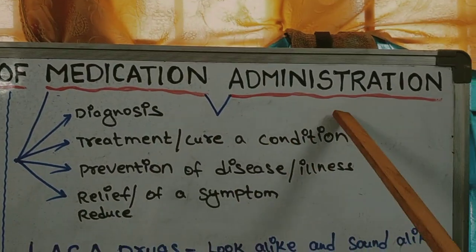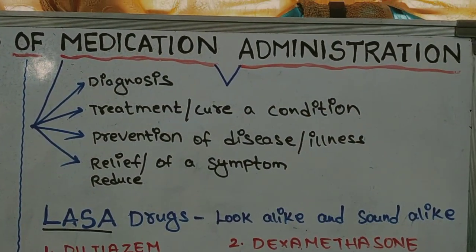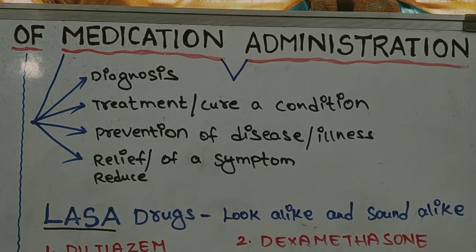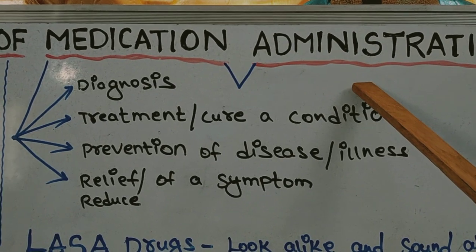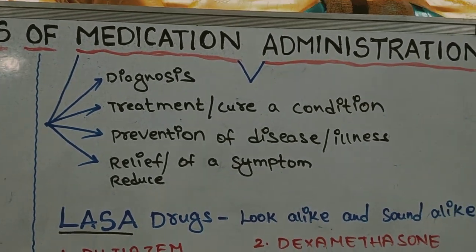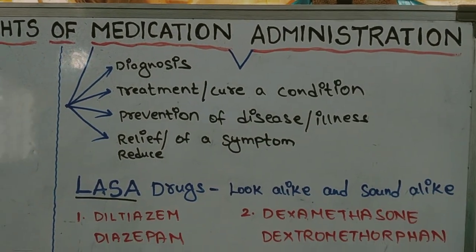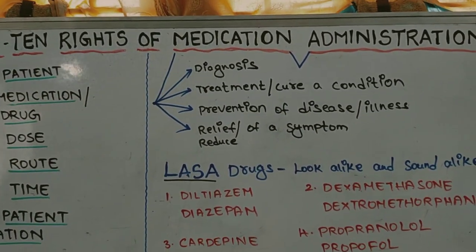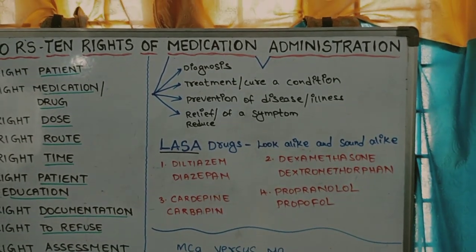Now medication administration is the process or the manner in which the medicine is given to the patient, and nurses play a very vital role in it. Medication administration is a basic nursing function which requires knowledge and skills.